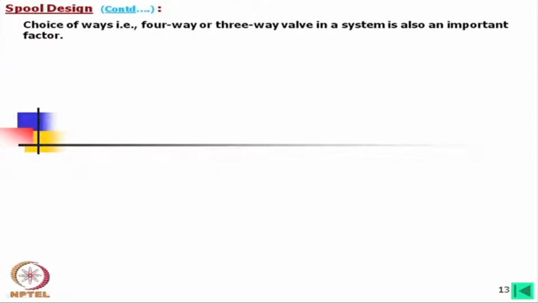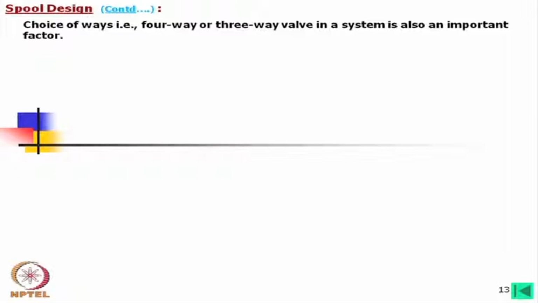Now, choice of ways. This is what a way is. Say if I say a 4/3 DC valve, that means 4 port 3 position valve, that is 4 way 3 position valve.